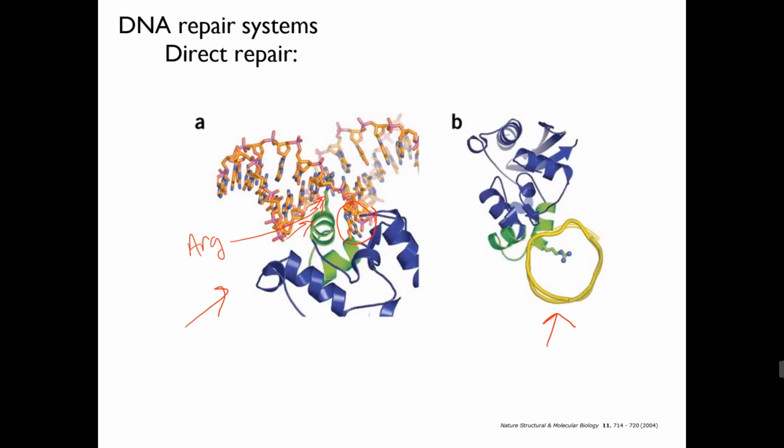So not only does this arginine residue flip the base out, it can then be used to form hydrogen bonds with the orphan base, such that it can stabilize the normal double helical structure, even though one of its bases has been flipped out into the active site of the enzyme. So a pretty cool arrangement for repairing damage in situ. And it turns out, although this is not always the case, there are a large number of DNA repair enzymes that use this kind of base flipping strategy, either to identify damage or to repair damage.